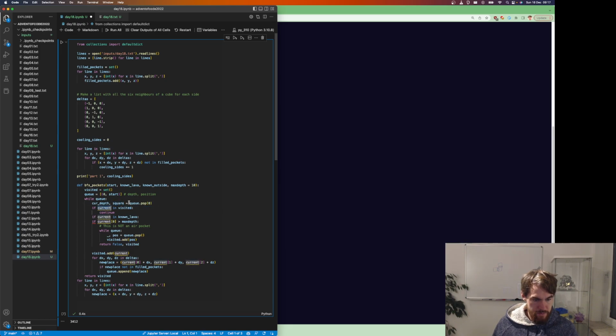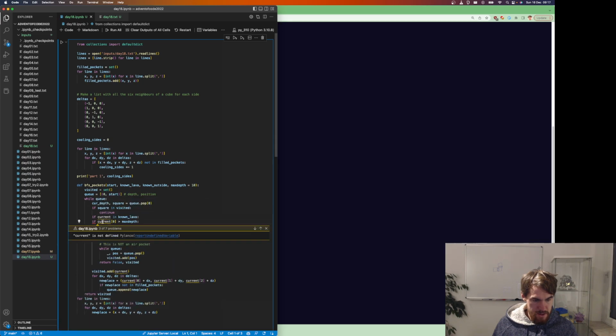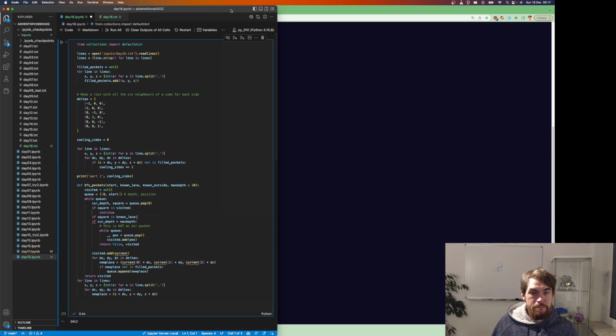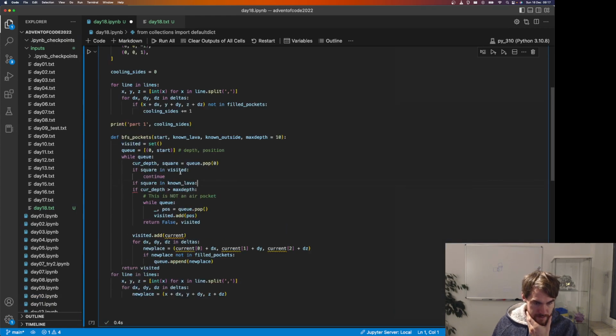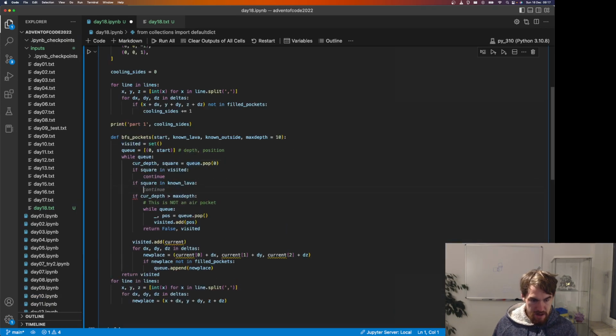Square. If we already visited that, no need. If the square is in visited, go away. If the square is in our amount of known lava, we can continue.